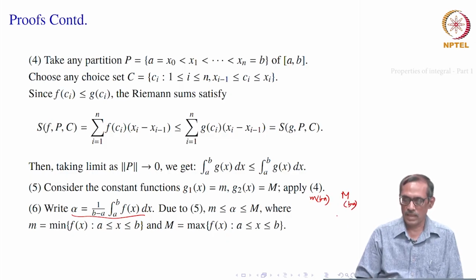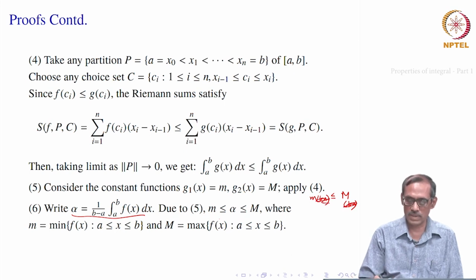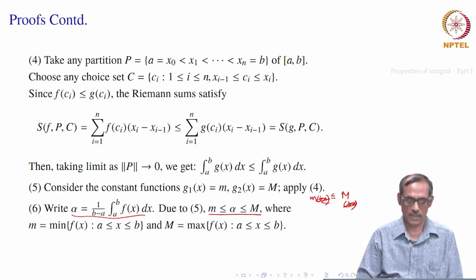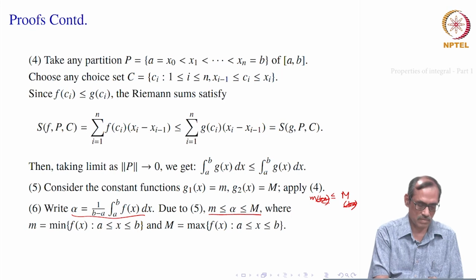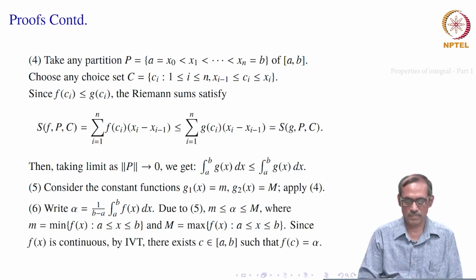So, when you divide by b minus a, your integral divided by b minus a will lie between small m and capital M. That is what we say, that m must be less than or equal to alpha less than or equal to M, where m is the minimum of f of x and capital M is the maximum of f of x. They exist because we have assumed that it is a continuous function on the closed interval [a, b].